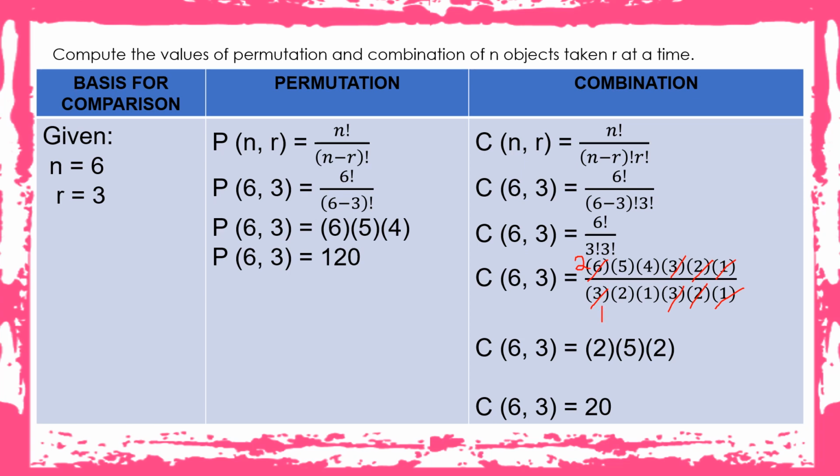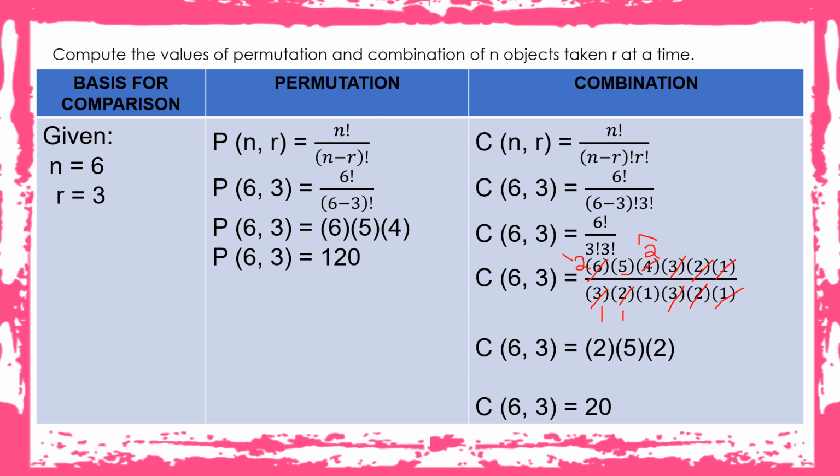You can also see here that we can simplify 4 and 2, so divide it by 2. So 4 divided by 2 is 2, and 2 divided by 2 is 1. So the remaining numbers are 2 times 5 times 2 for our numerator.